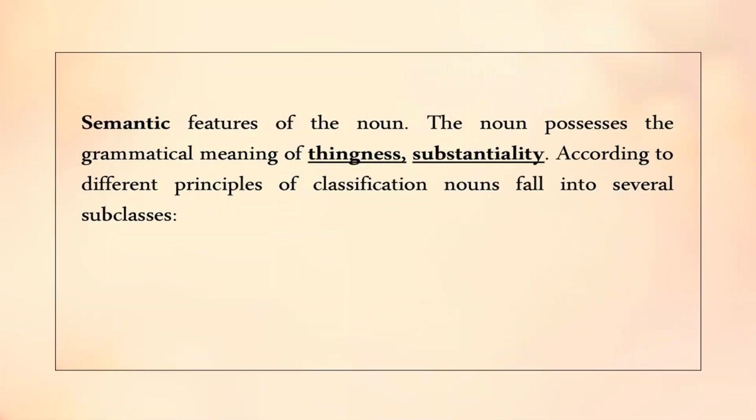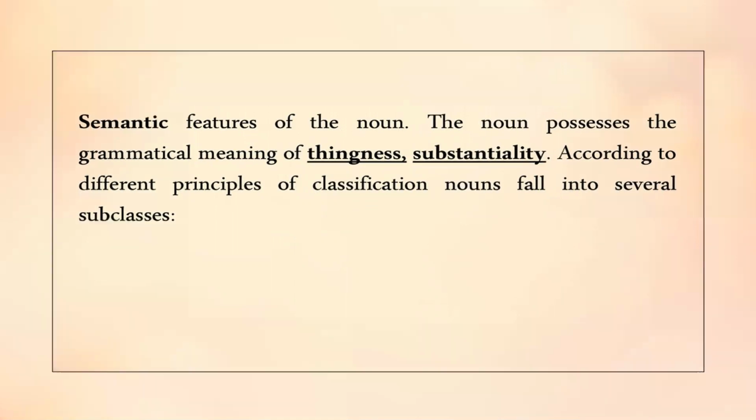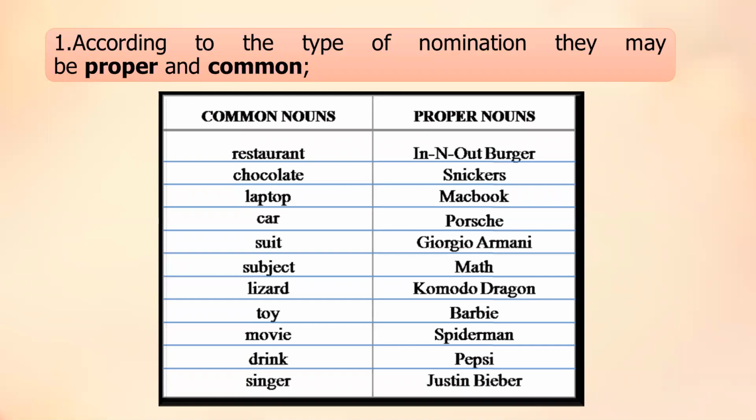Semantic features of the noun: nouns possess the grammatical meaning of thingness, substantiality, and according to different principles of classification, nouns fall into several classes. Using grammatical criteria, the general subclasses of nouns can be defined as proper nouns and common nouns.